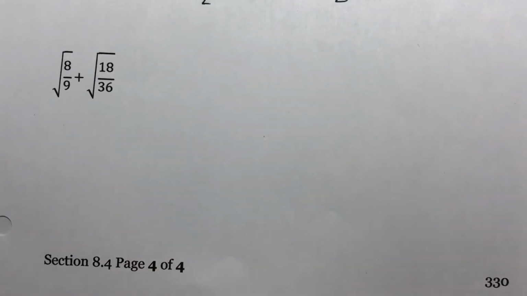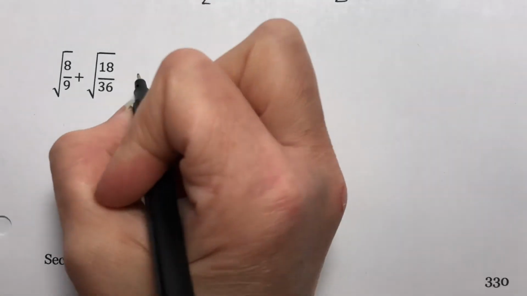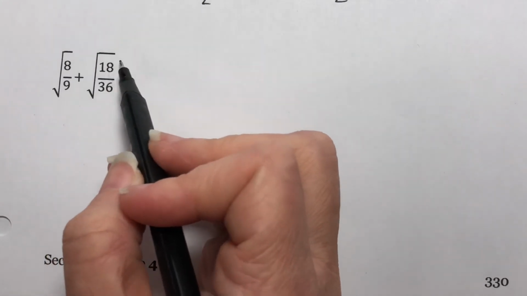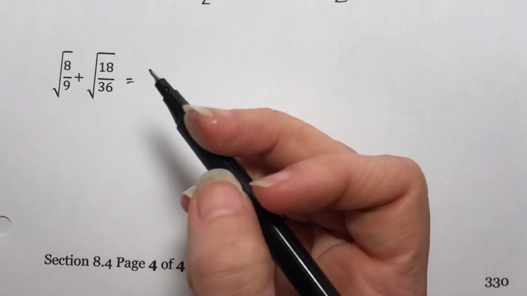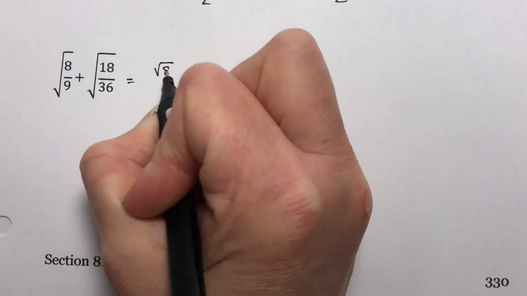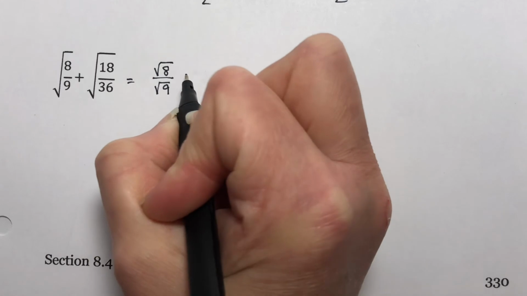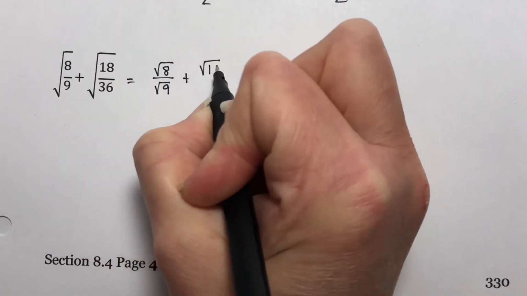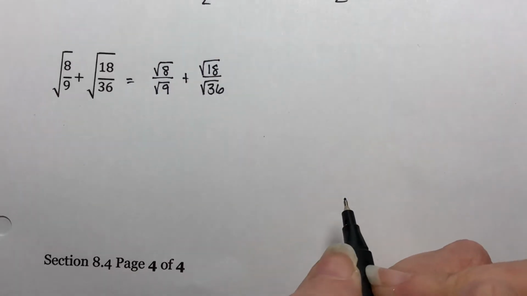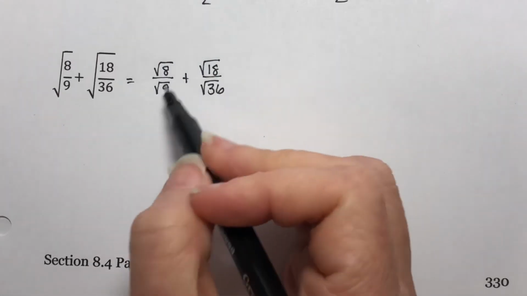Okay, so let's do the last problem in this section. We have the square root of 8 over 9 plus the square root of 18 over 36. So I have the square root of 8 over the square root of 9 plus the square root of 18 over the square root of 36. Now, these are all things we have done before.